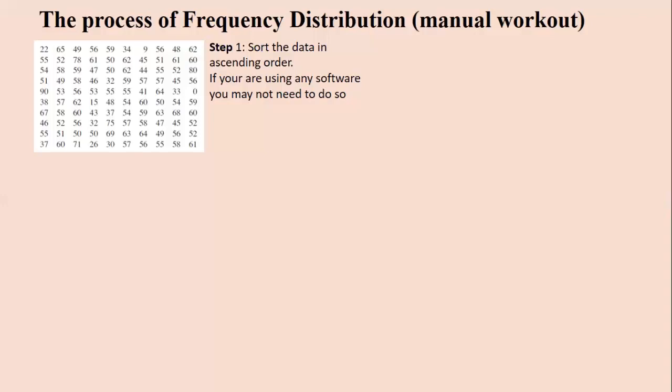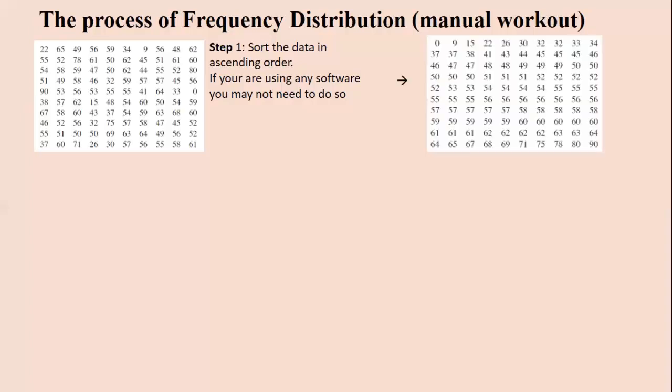You have to go through some software, some kind of Excel spreadsheet or any other software. Here we have a small number, 100 observations, so we can easily do it manually.